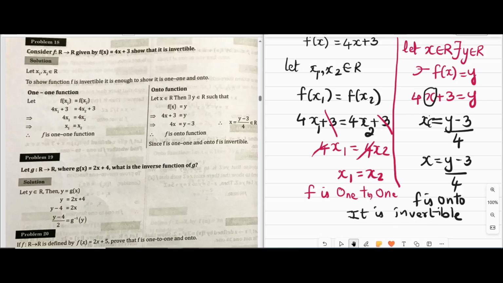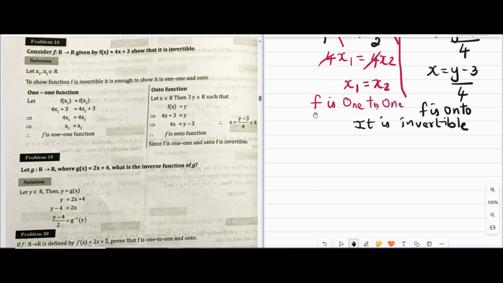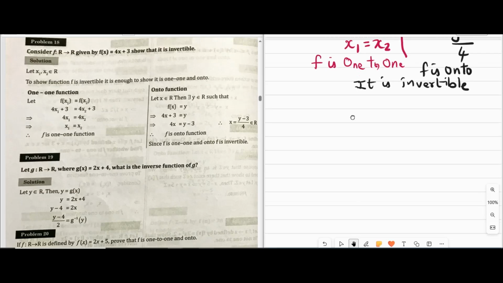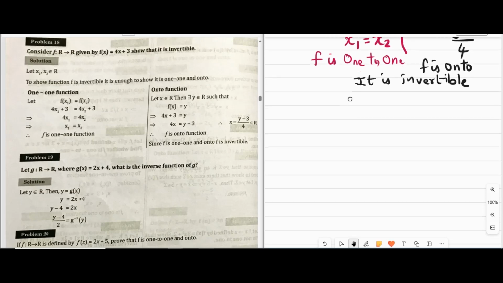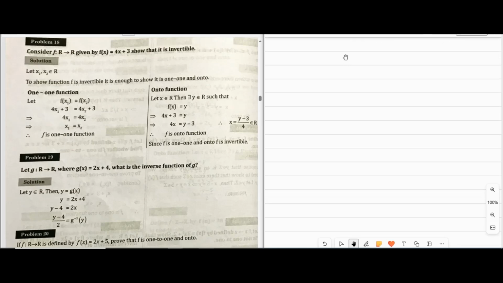The second way is by using the gof and fog functions. Since f is 1 to 1 and onto, it is invertible. The other method is by finding fog and gof. But here they have not given g, so we cannot do fog and gof. They have given only one function, so we find 1 to 1 and onto to show it is invertible. If they have given f of x and g of x, then we will use the fog and gof method.